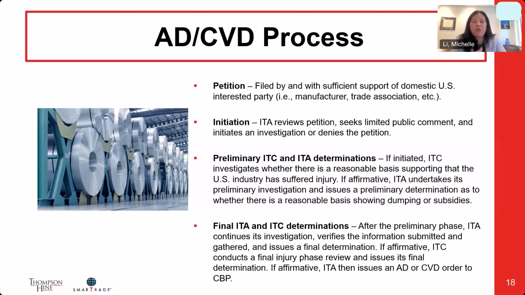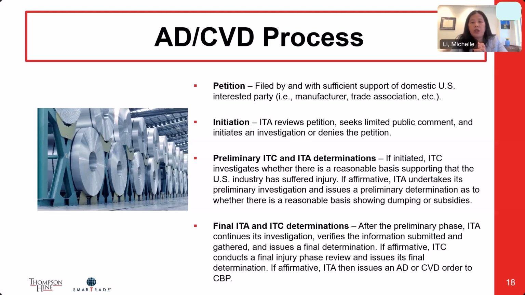And if there is sufficient support from domestic U.S. interested parties, which can be the manufacturer or the trade association, once you pass the domestic support threshold, Commerce reviews the petition and will typically issue some questionnaires to both sides, or to the domestic party, the petitioner, seeking some information.